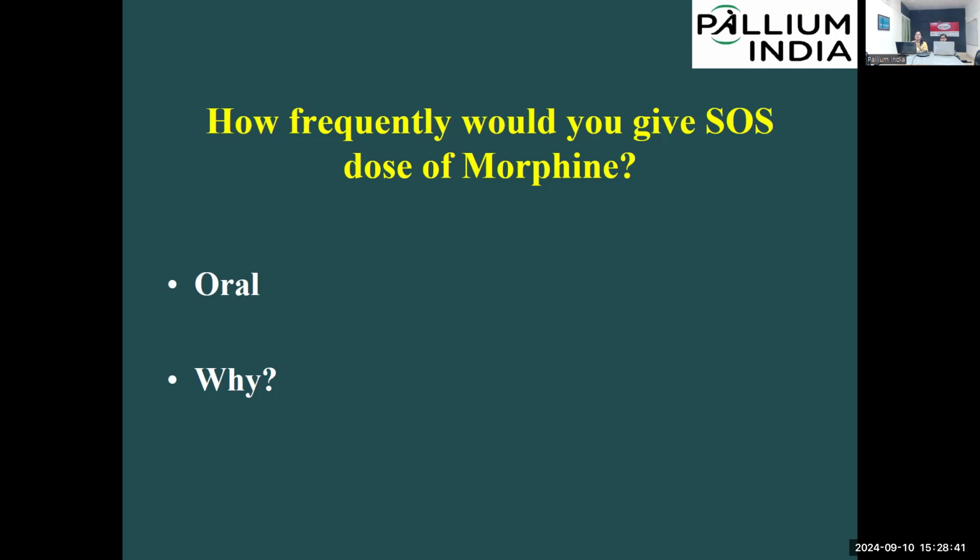These metabolites are released into the systemic circulation and produce the analgesic effect. So it takes around 45 to 60 minutes for morphine to produce its peak analgesic effect. So there should be a gap of at least 1 hour between the two doses of morphine.